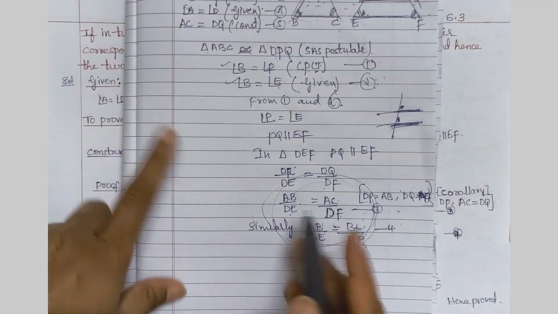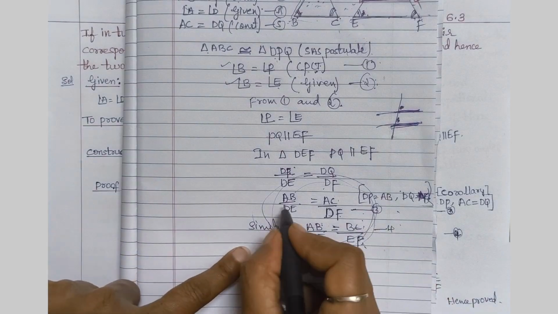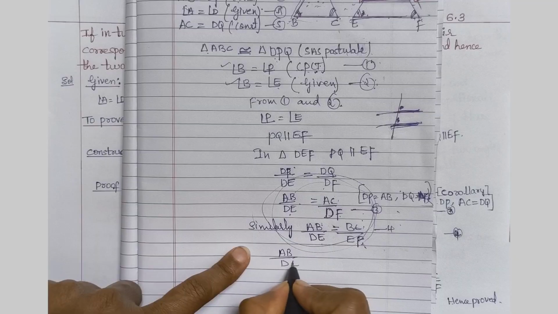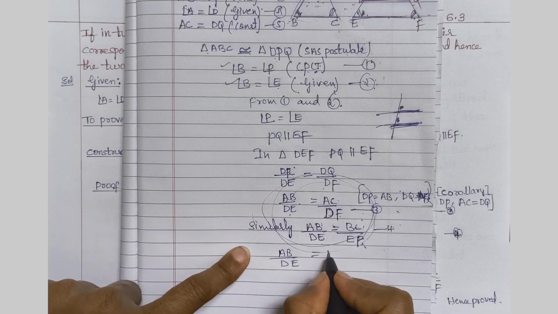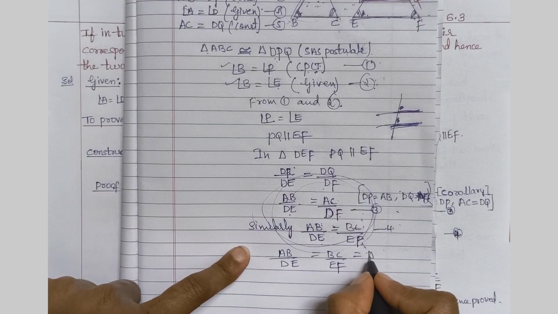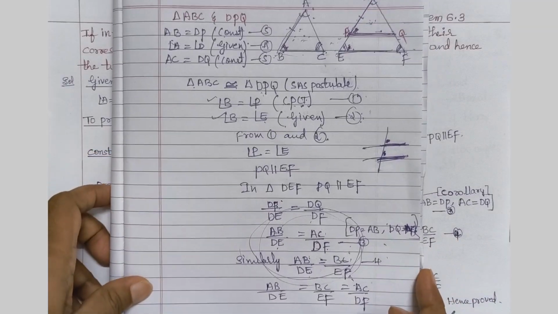So now from 3 and 4, we can write AB by DE equals BC by EF equals AC by DF. This is the final proof.